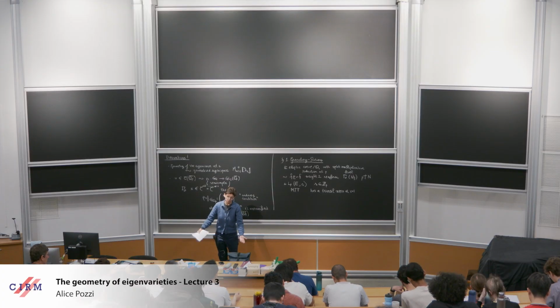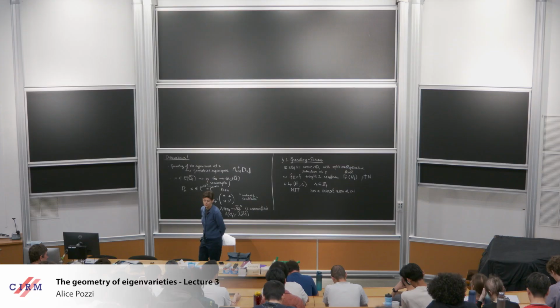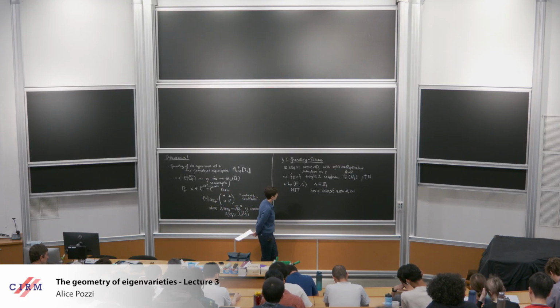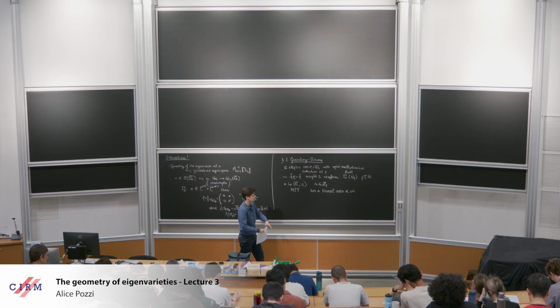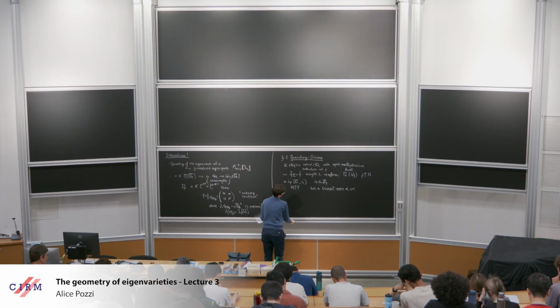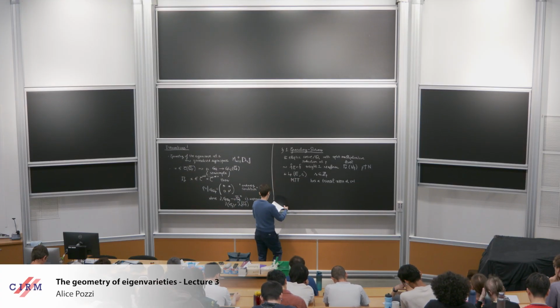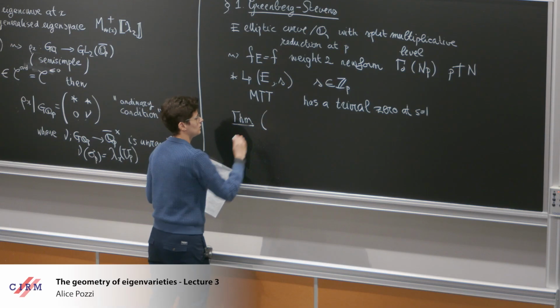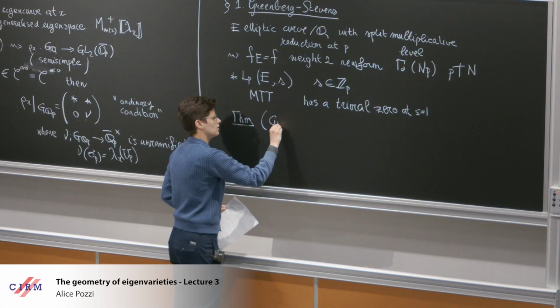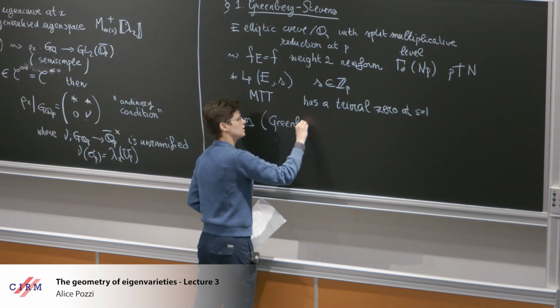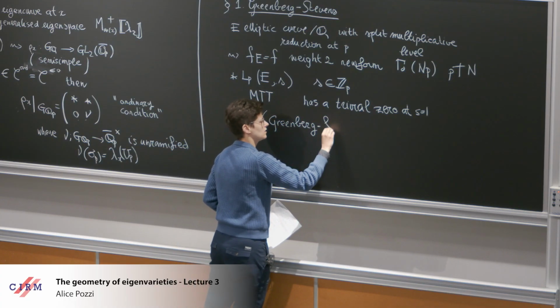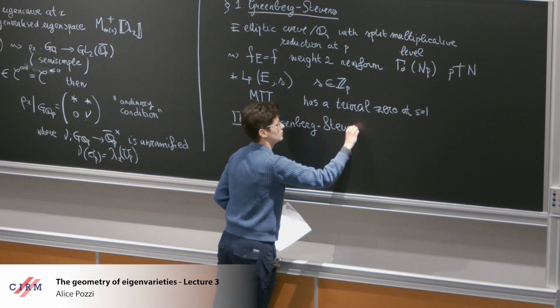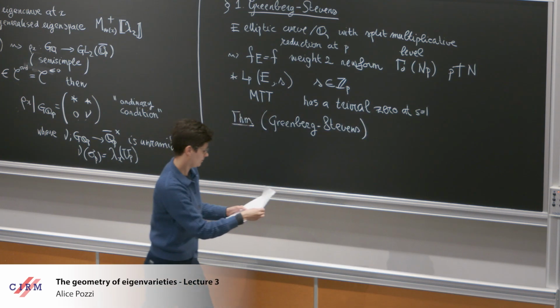When there is a zero, one might want to make sense of a derivative, and they did some experiments and conjectured the following formula that was then proved by Greenberg and Stevens. So the theorem of Greenberg and Stevens is the following.